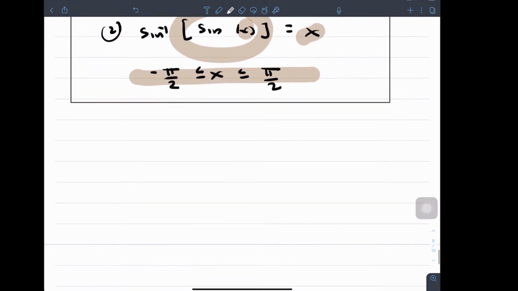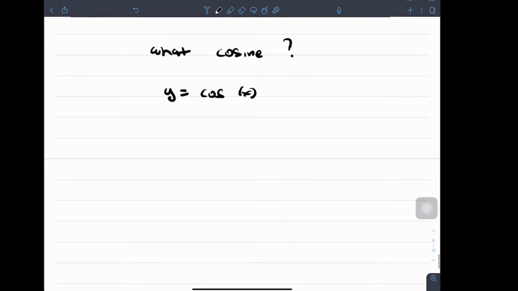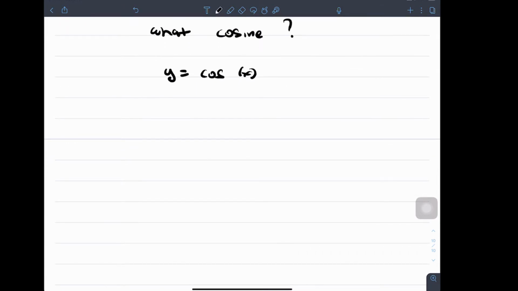All right, now I know we have a few minutes, but the question is now going to be, what about cosine? And how do we handle cosine? Well, we handle cosine the same way. You now have the cosine curve, but you have to do what? If you looked at cosine now, you have to restrict the cosine's domain as well.